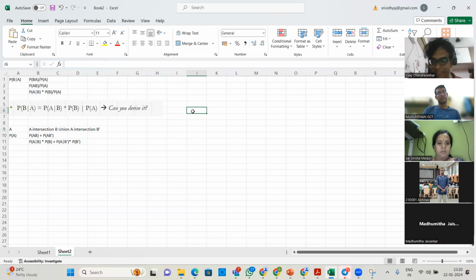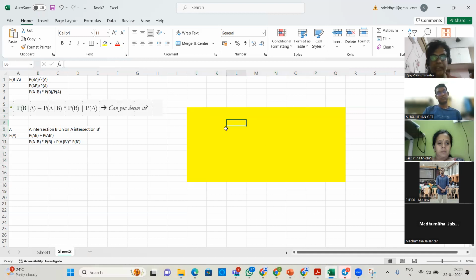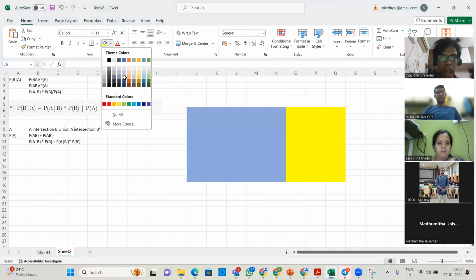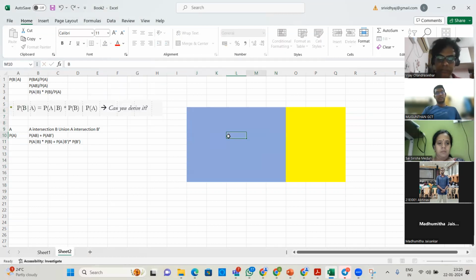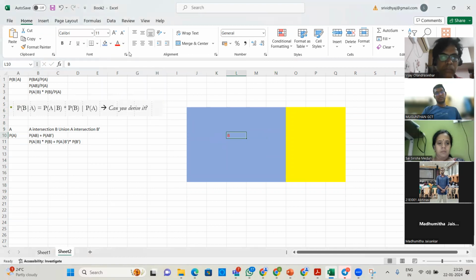Okay, let me see if I can help here. Let us say this whole thing is a sample space, okay? And then this is B. Can we say this is B complement? Yes.